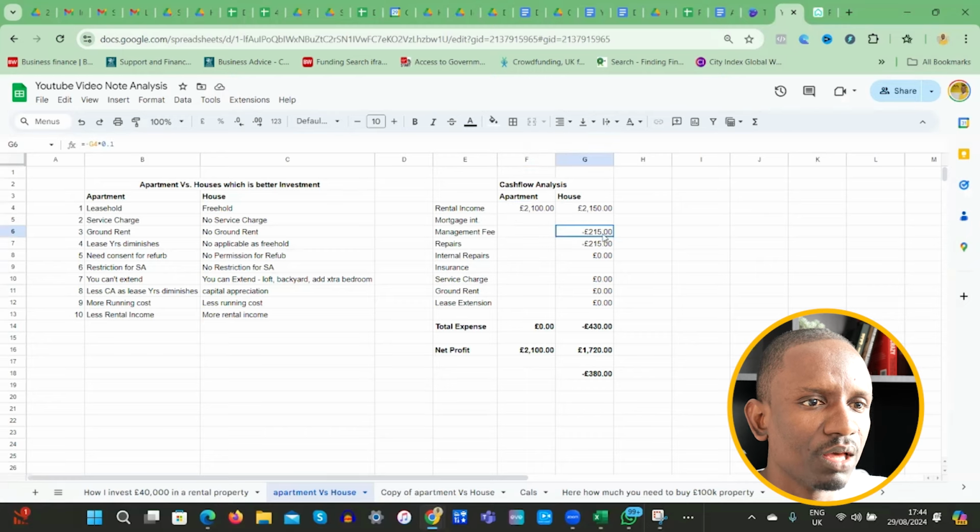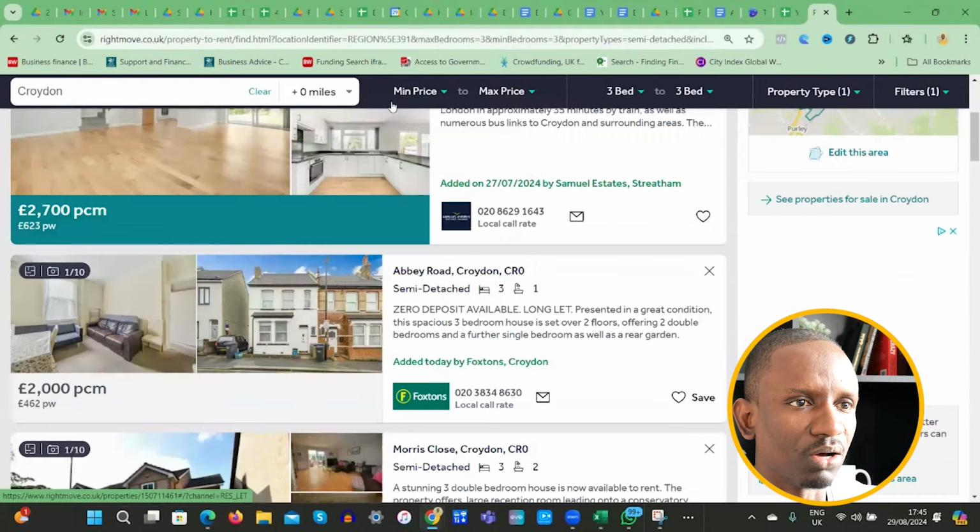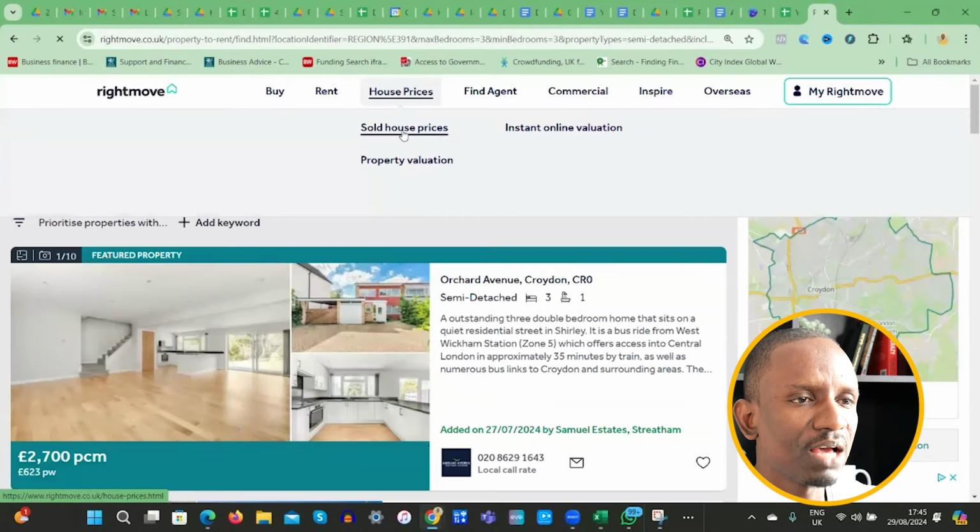Okay, moving on. Now, I also don't want to just pick a random figure and give it to you. So what I'd like us to do is also search how much properties are sold for in Croydon, so we can get the average property price in Croydon, and we use that as a ballpark figure. So moving on, we're going to go here.